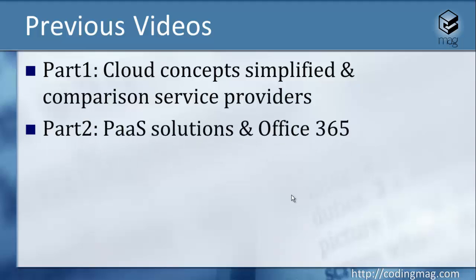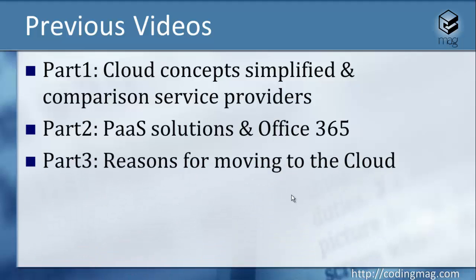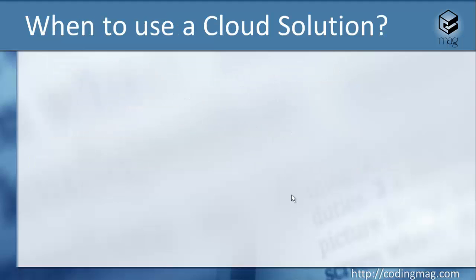In part two, I talked about the platform as a service solutions, and we had a quick tour of my Office 365 tenant. And now we are in part 3, which is the reasons for moving to the cloud.